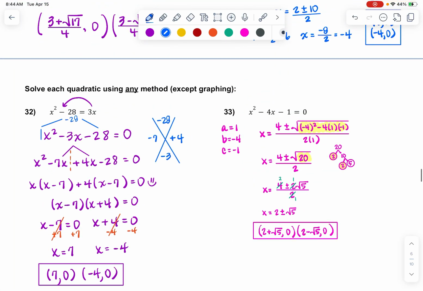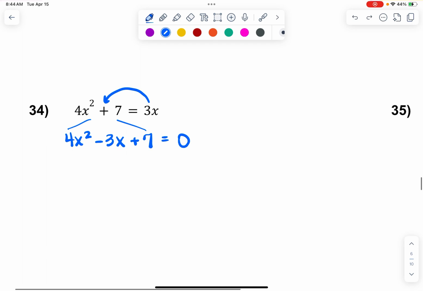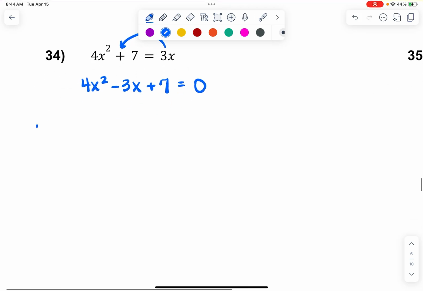Because up here, you'll notice we did negative 28 that adds to give us negative 3, and those existed, but these are not going to. So we're going to use quadratic formula here, okay? And again, you can just use quadratic formula all the time when it says you have options and you can pick whatever you want.